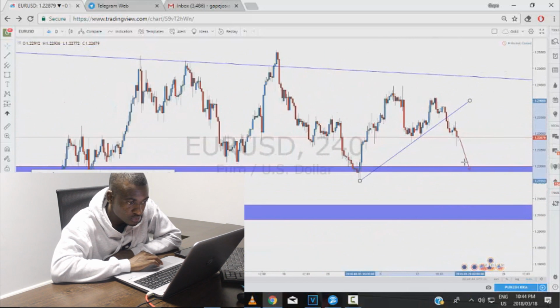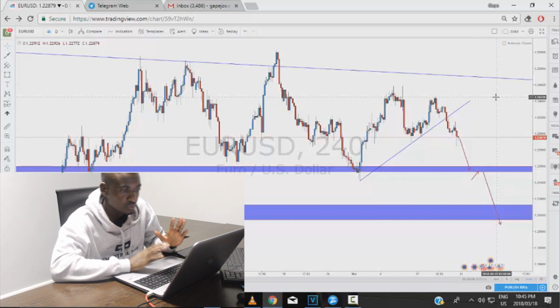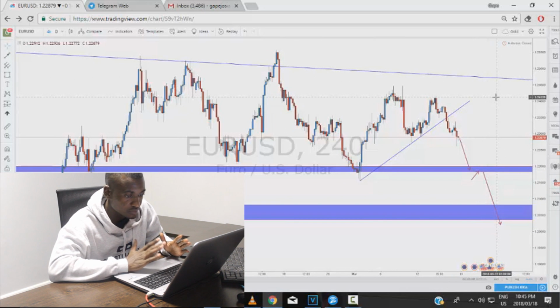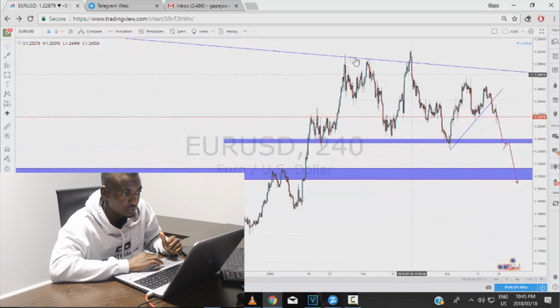Also, maybe during the week, if we break this strong support right here, I may expect a retest, and then even further lows. As long as we just get our retest, I can still expect to see more and more lows for Euro USD. Because again, as I said, double top.